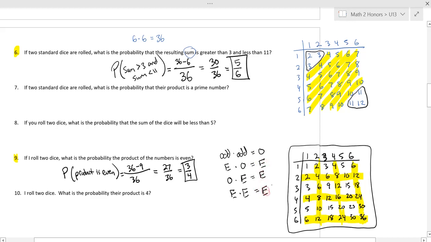So what I'm noticing here is if I want to count the evens, I have to consider three cases. But if I want to count the odds, there's only one thing I need to consider. And so that's what I'd go after first. What are my odd numbers when I roll a die? A 1, a 3, and a 5. So I got three options for that first roll, and three options for the next roll.